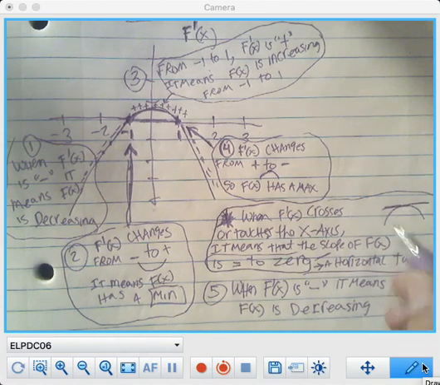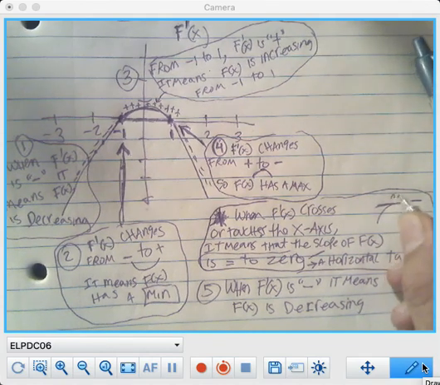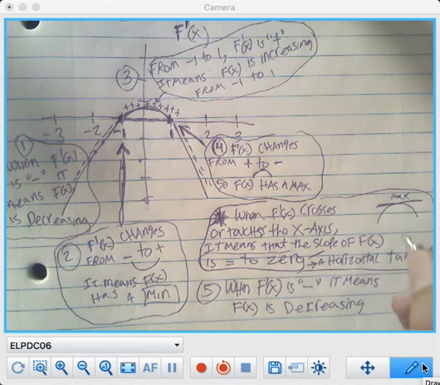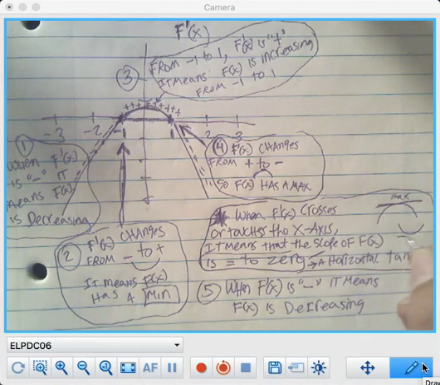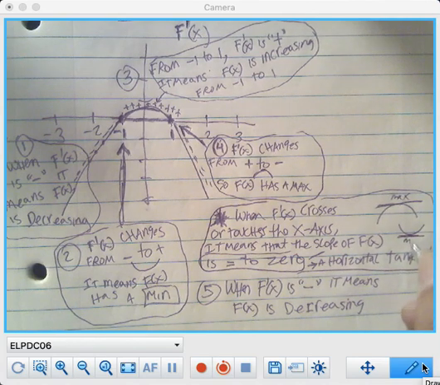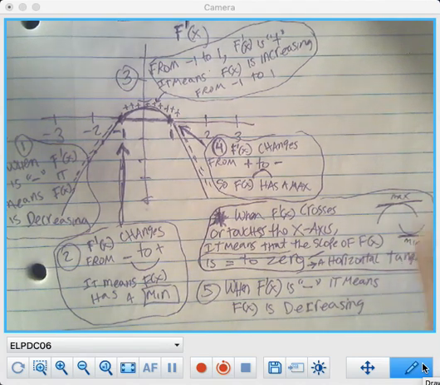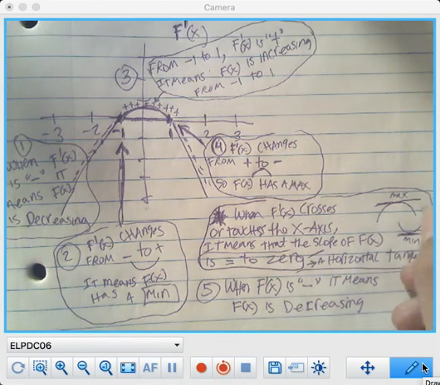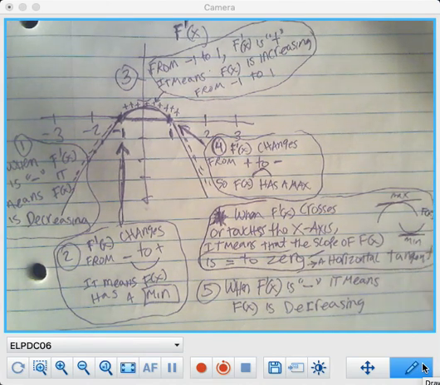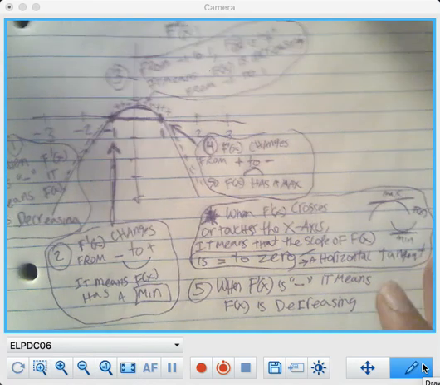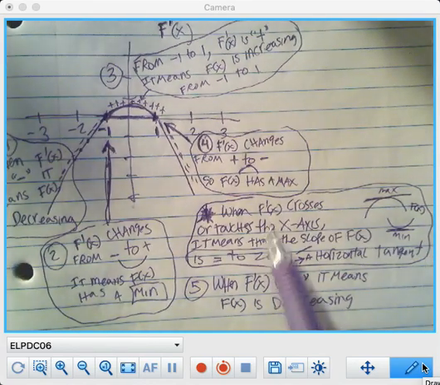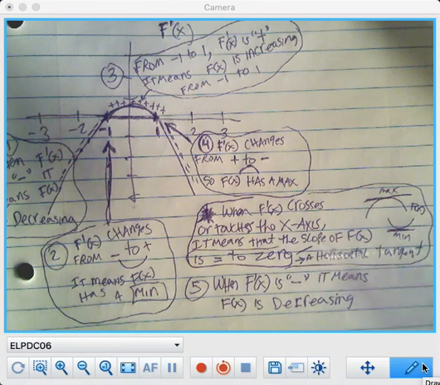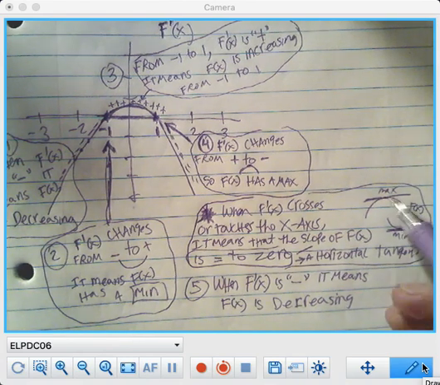You see how this is a max, and you can also have a min like that, this being the tangent. So when f prime crosses or touches the x-axis, this happens for f of x.